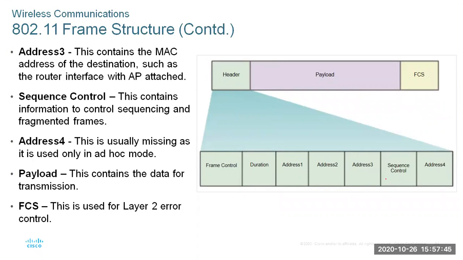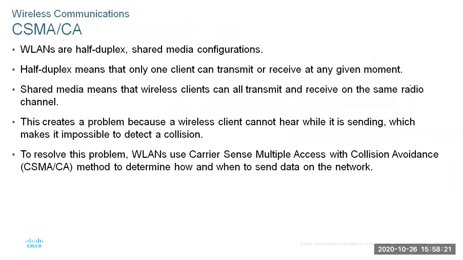Sequence control contains information to control sequencing. Address 4 is usually missing as it is used only in ad hoc mode. The payload contains the data that is being transmitted, and the FCS, the frame check sequence, is basically used for layer 2 error control.